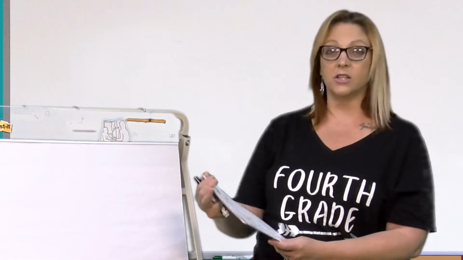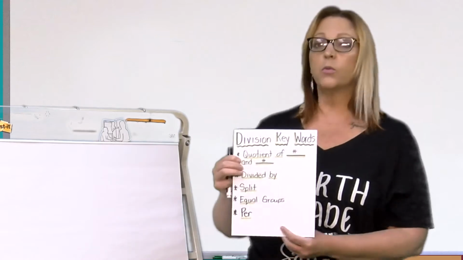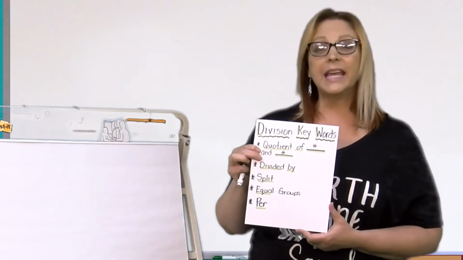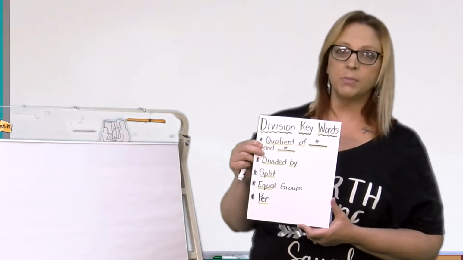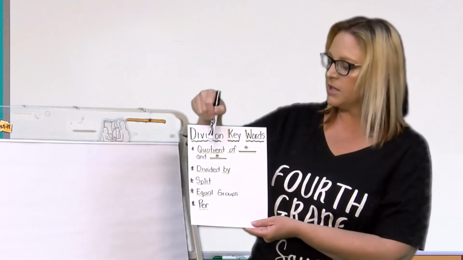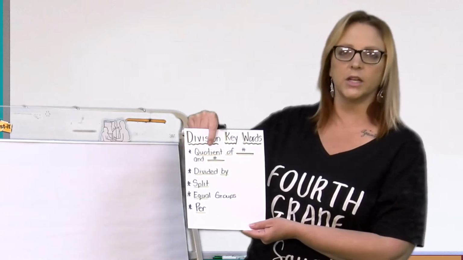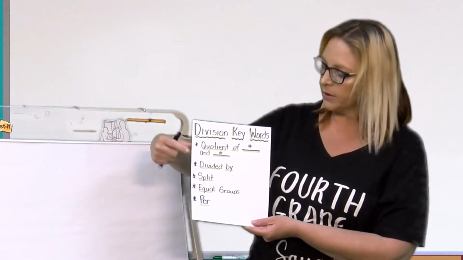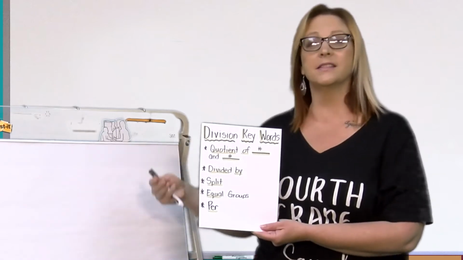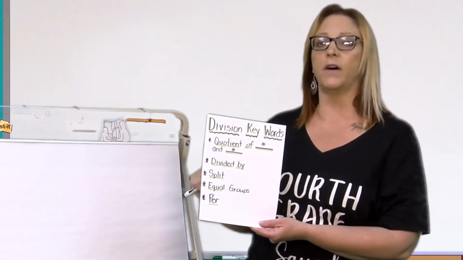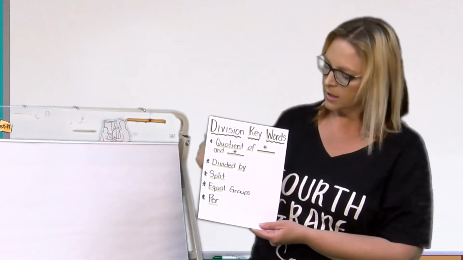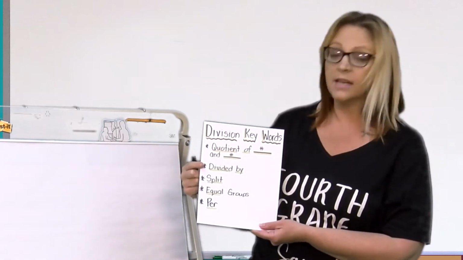As I mentioned, there are key words, if we're reading a word problem, that indicate we need to perform the division operation. We might see, what is the quotient of one number and another number? The quotient is the answer that you get when you divide, so it's asking you to divide those two numbers. It might simply say divided by.